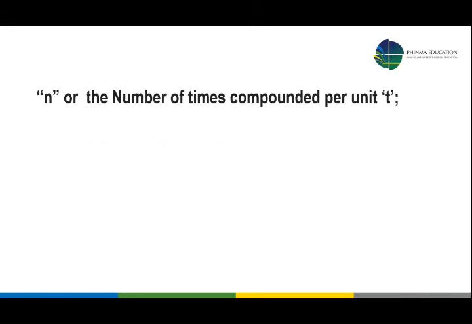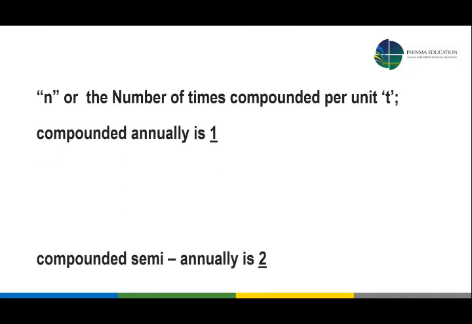To unlock N, the number of times compounded per unit, because this may be unfamiliar to you, these are some of the terms commonly used in solving compound interest. If compounded annually, you're going to use 1.